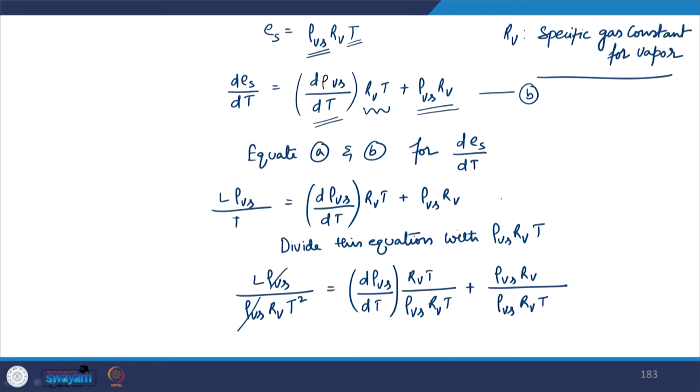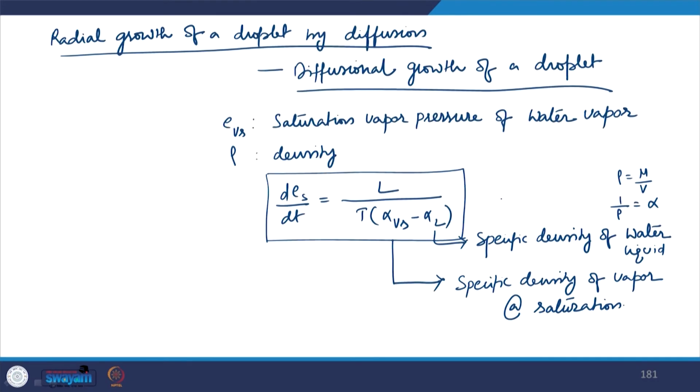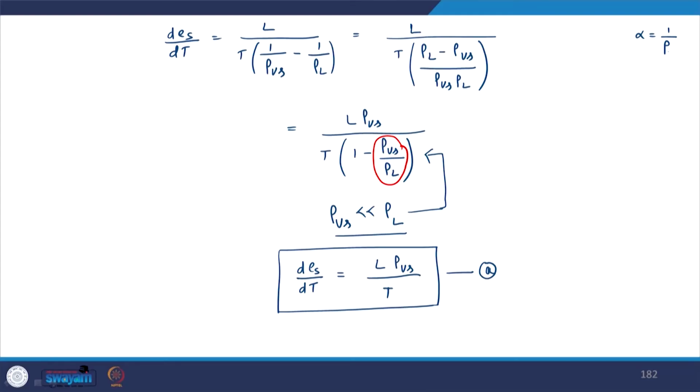So, where have we started? We have started at this point. We started with this basic equation which gives you how the saturation vapor pressure will change as a function of change in the pressure or change in the density, right. We used this equation and rearranged it so that we have vapor pressure on the left hand side and density on the right hand side, right.